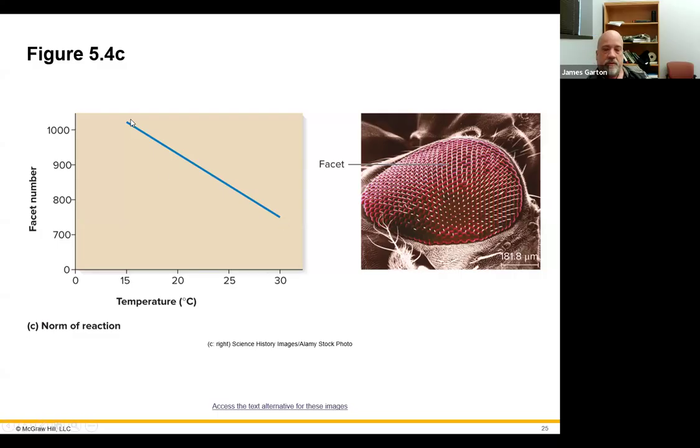And it turns out that the number of little islets that a fruit fly clusters together to make an eye depends upon the temperature.